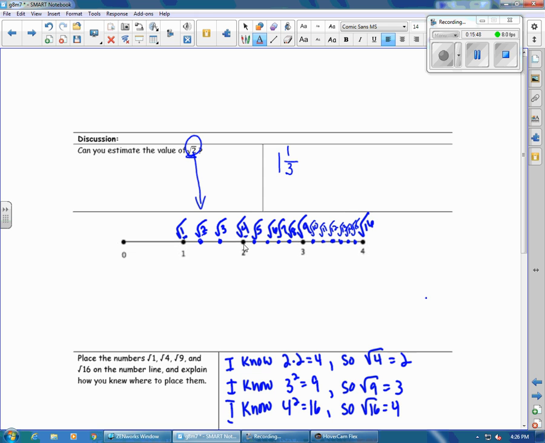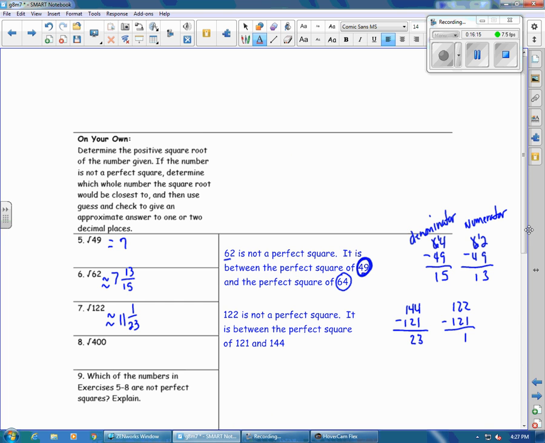Let's see, it's 1, 2, 3, 4, 5. So 5 is going to be my denominator. And then from here to 7, it's 1, 2, 3. So it'd be 2 and 3/5. We're just breaking up the number line into equal parts that are showing us how many square roots are between those perfect square numbers. If it doesn't make sense to you right now, it will while we're working with it.